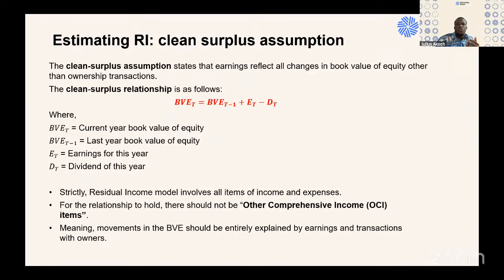So what we are going to do is take the P&L account, take the net profit as a starting point, and then adjust the net profit. We are going to make an assumption that those items reported under other comprehensive income should have been part of income, or should have been part of earnings.